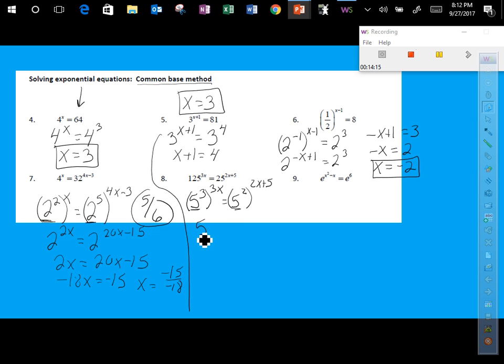So this becomes 5 to the 9x equal 5 to the 4x plus 10. Now we'll just go solve this. I've got 9x equal 4x plus 10. Subtract 4x. Divide by 5. Looks like my answer is going to be 2.